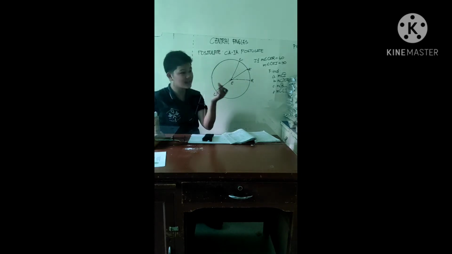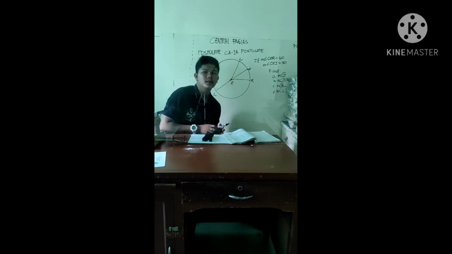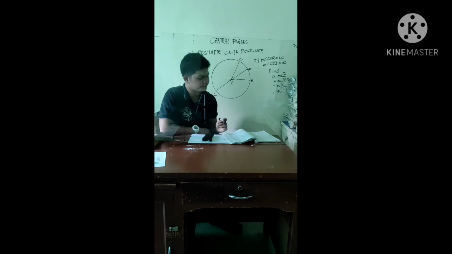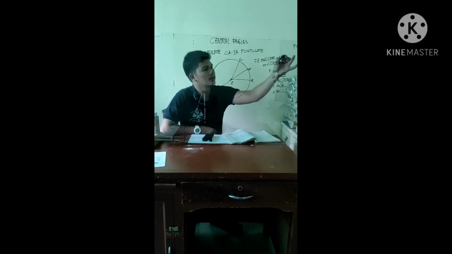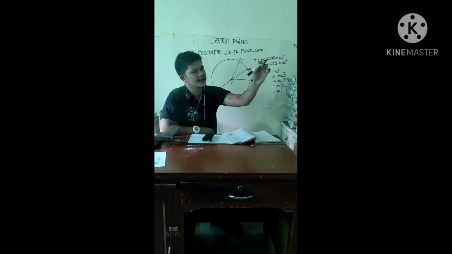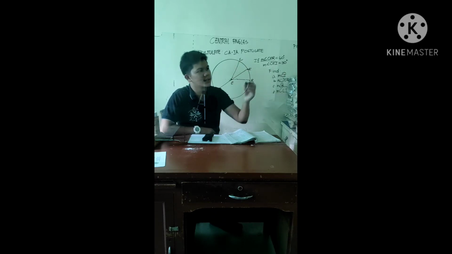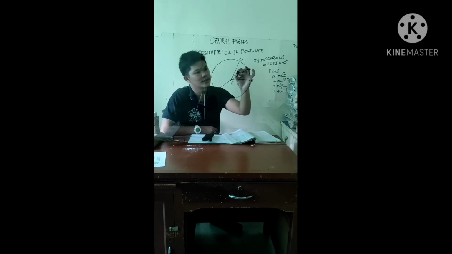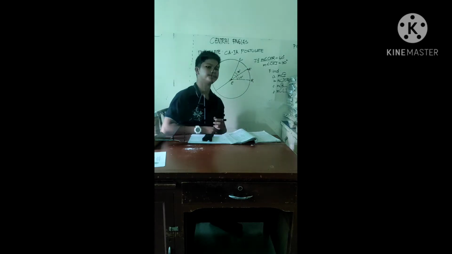So, yan yung ating mga central angles. Now, if measure of angle CER is equal to 60 degrees. And measure of angle CEI is 30 degrees. Okay, so dito daw is 60 degrees CER, and dito is 30 degrees.